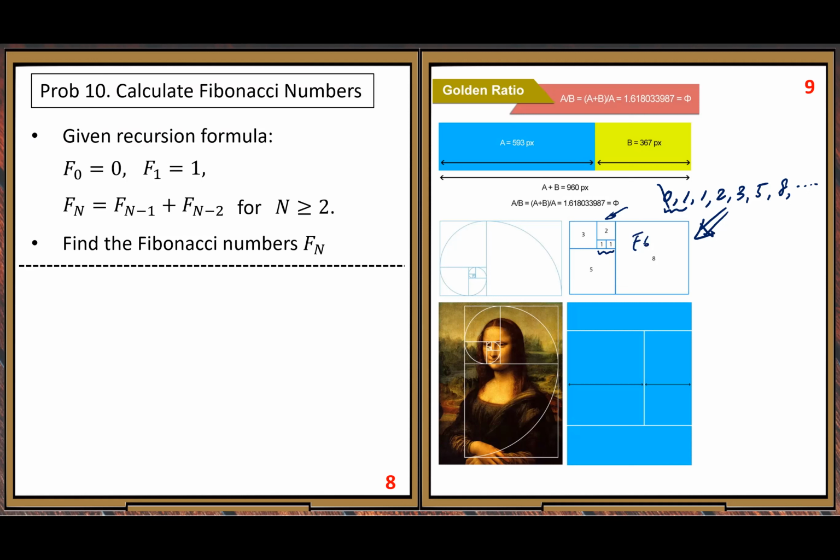You can see the lengths of these squares fit in a perfect way.